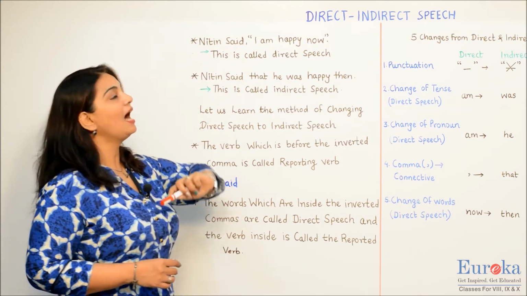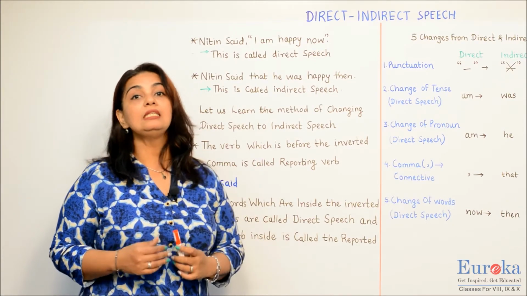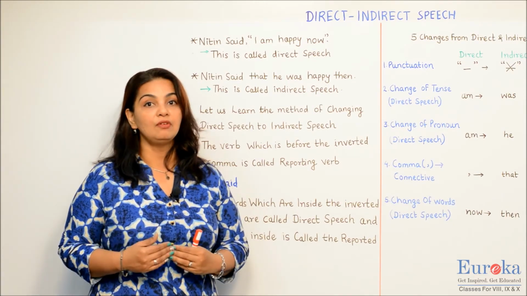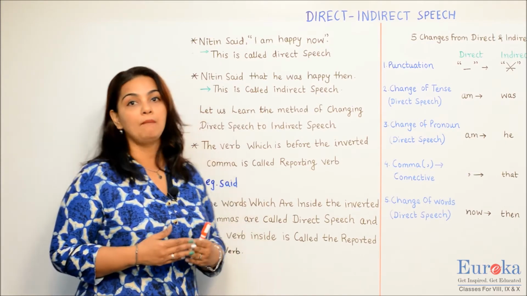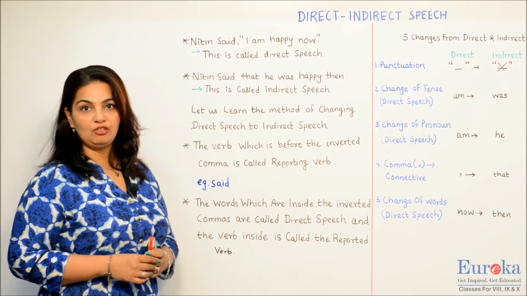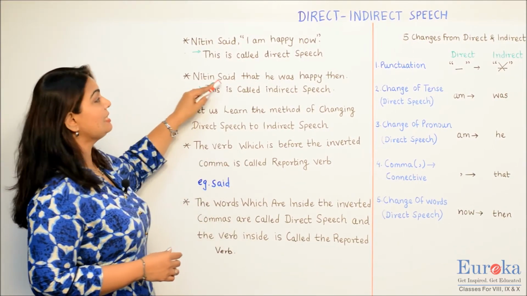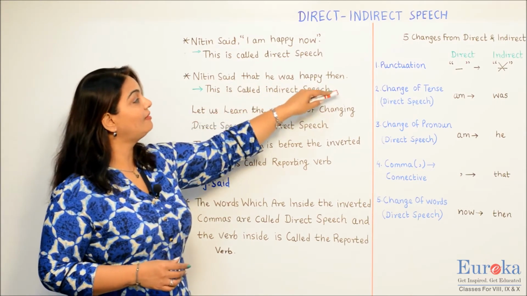Nitin said, "I am happy now." So over here, Nitin is talking about himself in the present tense about his state of mind. This is called a direct speech. Nitin said that he was happy then.